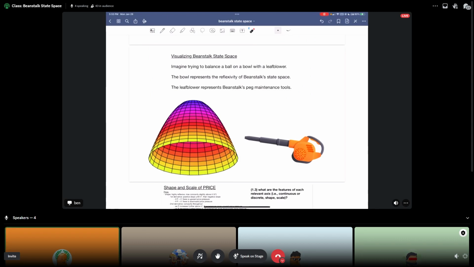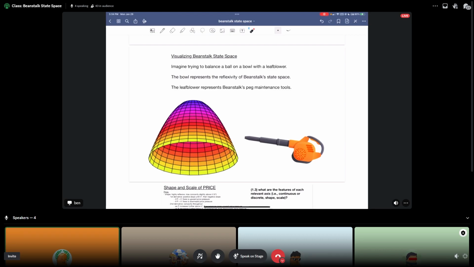And reflexivity looks like this upside down ball. If you're trying to balance a ball on top of here, it tends to just fall off. And even if you get it on top, if it has just a little bit of momentum, it's going to roll back off again. In the case of economics, even though Beanstalk in theory has lots of data available to it, things are very imprecise.